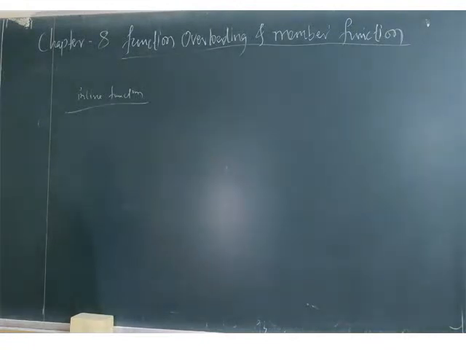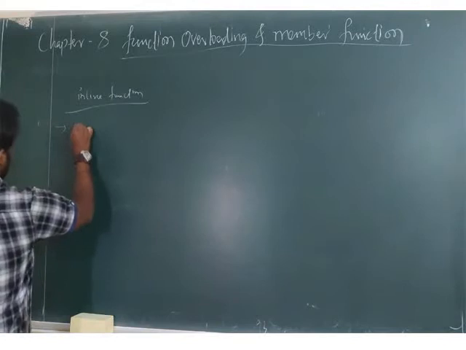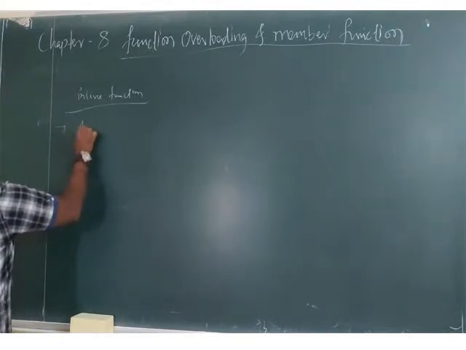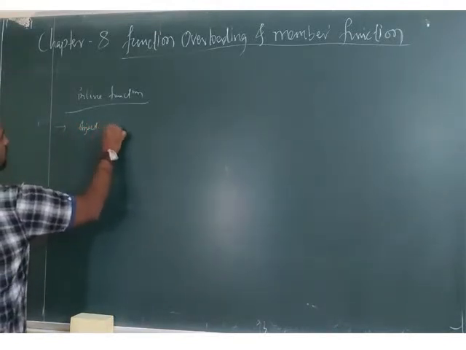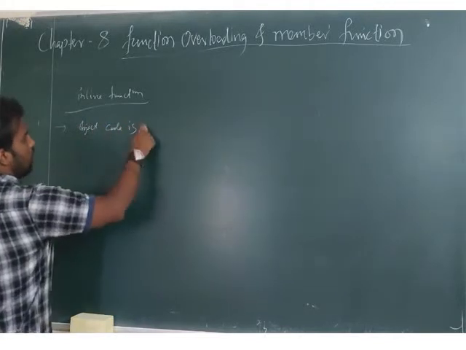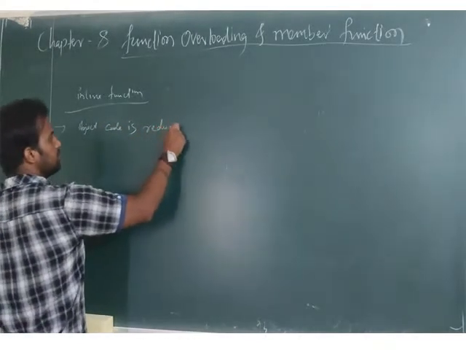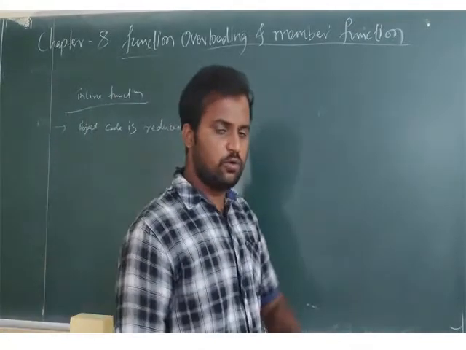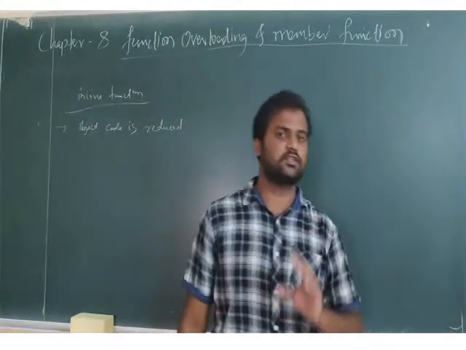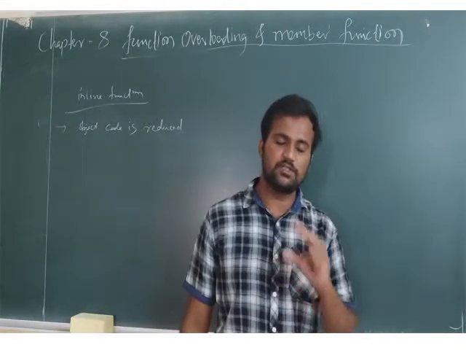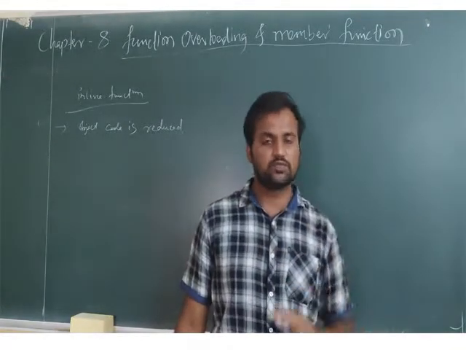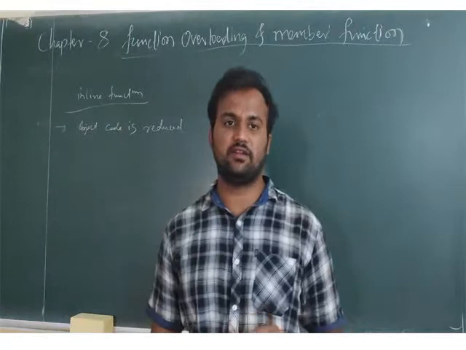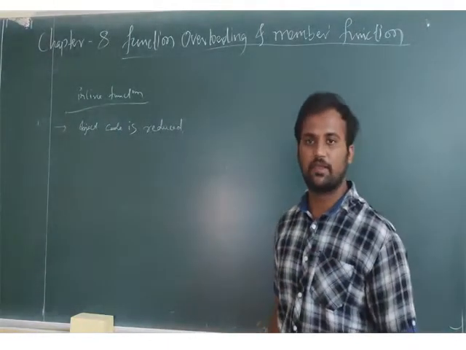So first we go with the advantages of inline function. What are the advantages? Object code is reduced. See, already I have told you it is a shortest function. Shortest function means the code should be smaller, with a limited number of lines.